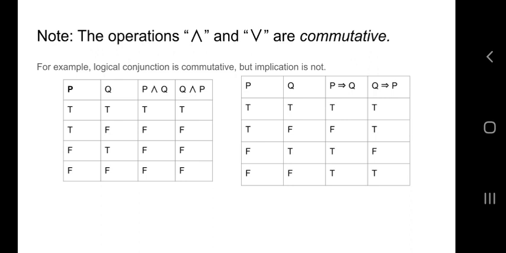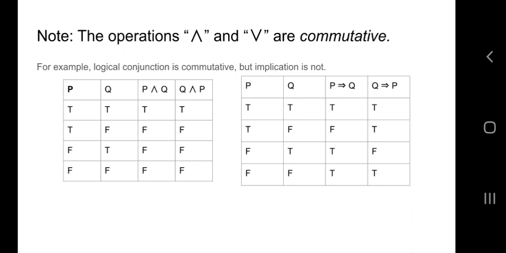However, if we make a column for Q implies P, Q implies P is only going to be false when Q is true and P is false. And that only happens in the third row. So that's why we have true, true, false, true in the fourth column for Q implies P.